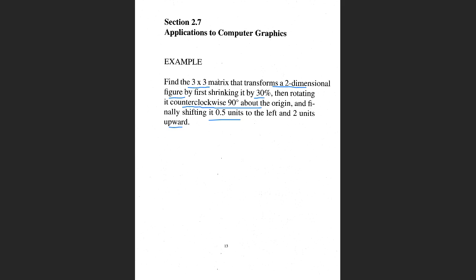We need to identify 3 transformation matrices, and then we're going to multiply them together to give us the transformation matrix that will do all 3 of these transformations on the object, whatever object we're talking about. In the book, it was the triangle. So this matrix acts upon coordinates in a two-dimensional XY plane.